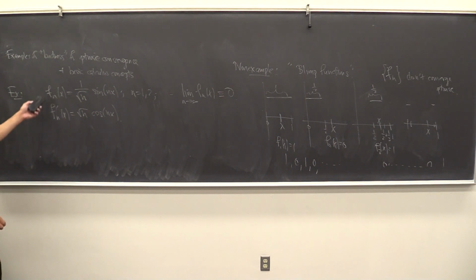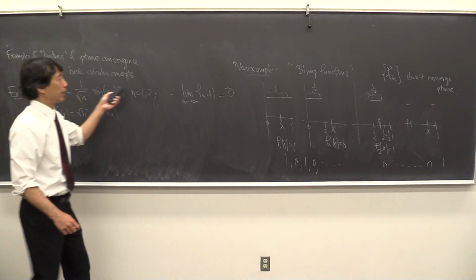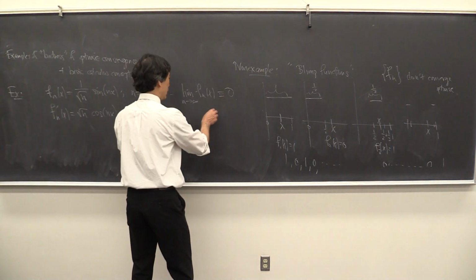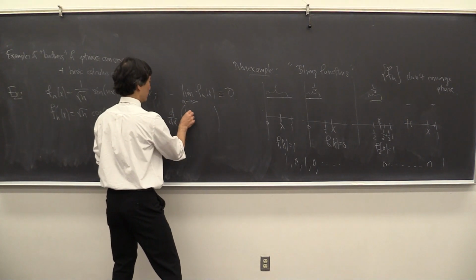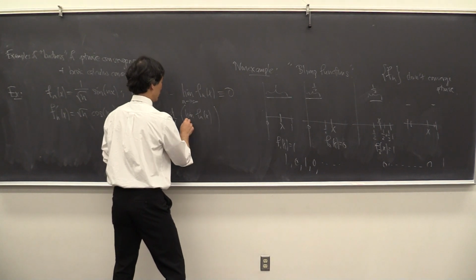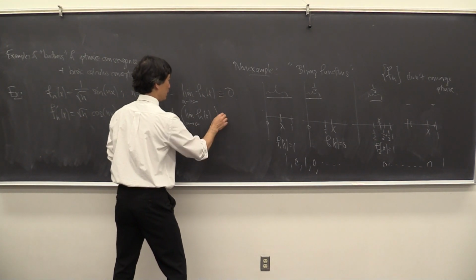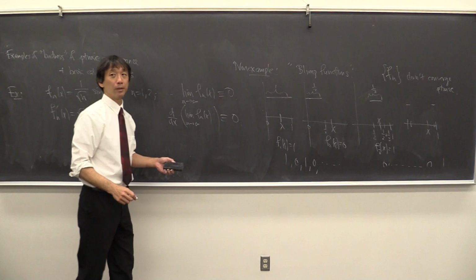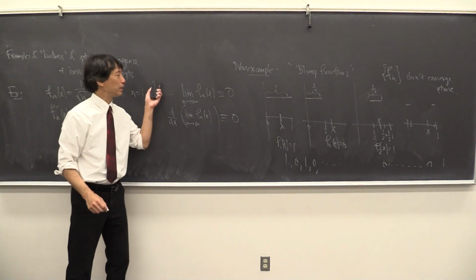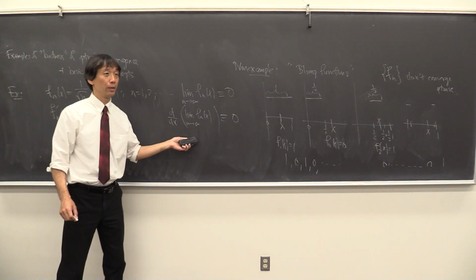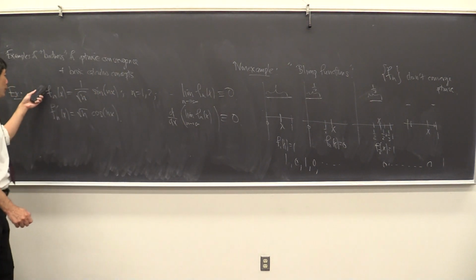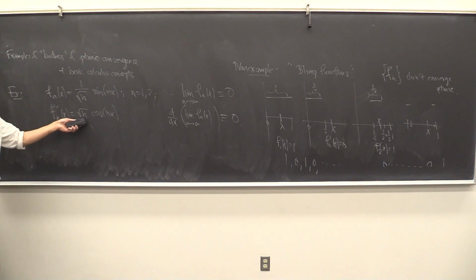So if I take the limit and then differentiate the limit, of course I still get 0. So if I take the limit of these guys and then I differentiate, I get the 0 function. Suppose I differentiate first and then take the limit.